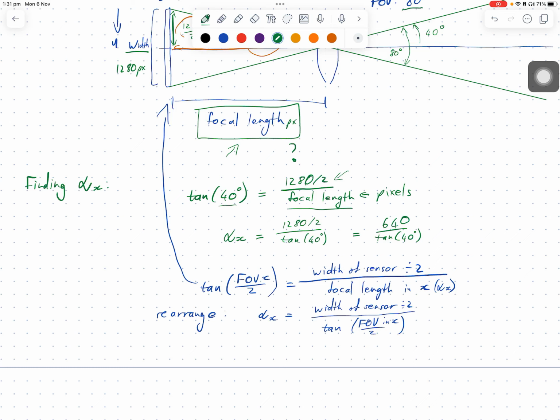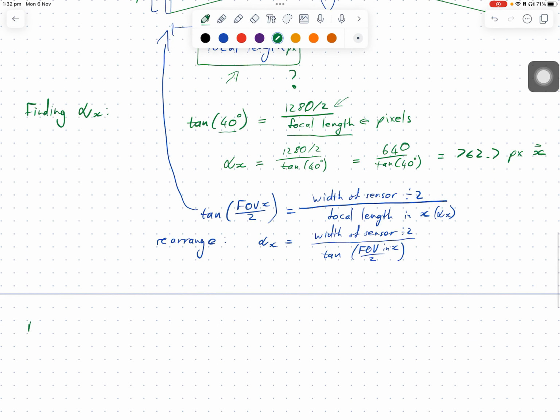Sorry about that. 640 on tan 40 gives me 762.7 pixels. And I'm just going to put a little X there to indicate that that's in the X direction, because as I said before, you can have different dimensions for pixels.